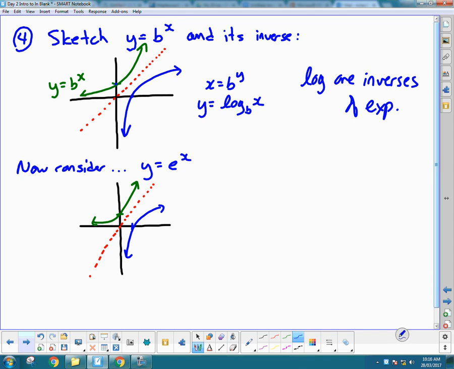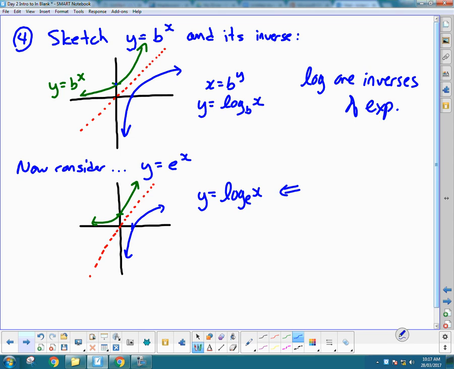So let's consider the inverse of the e function, Euler's constant. In this case, it's going to look like this. It's going to be y equals log of x base e. This one is a special logarithm. Just like e is a special exponential function, the inverse, the logarithm base e, is a special logarithm.